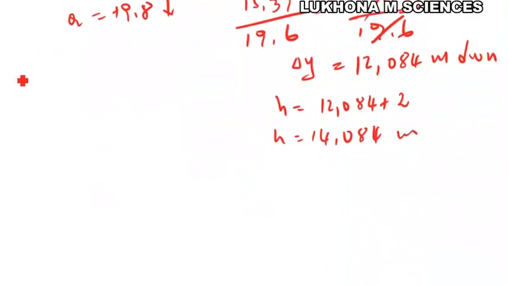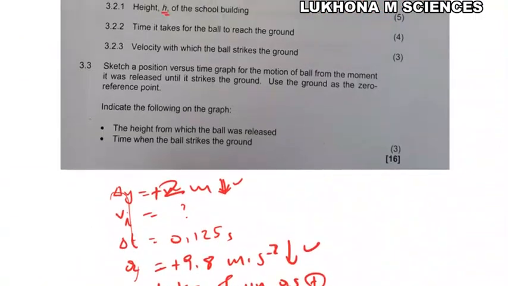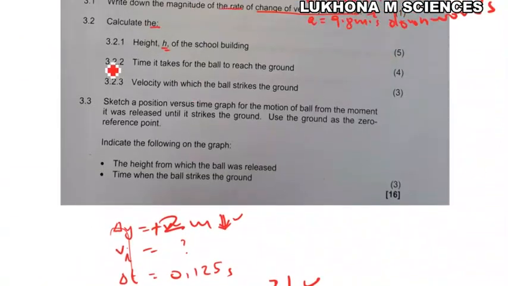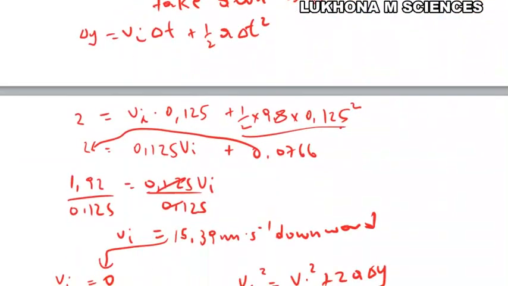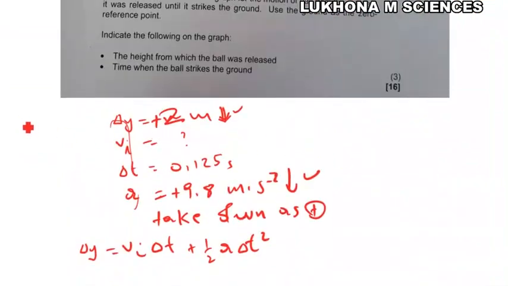So the data that we have in this question, which is question number 3.2.2. This one was 3.2.1.